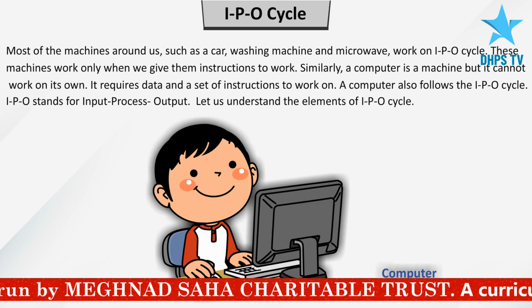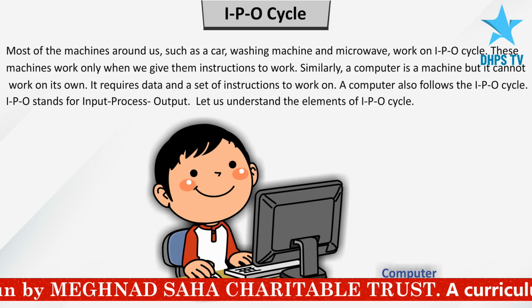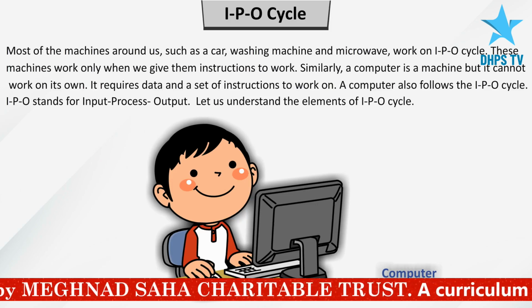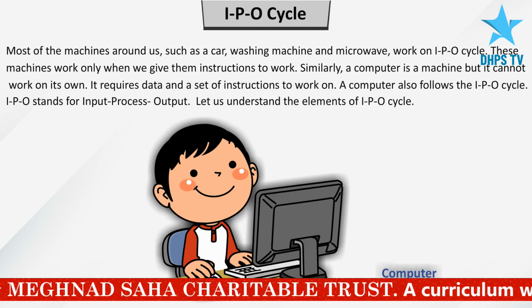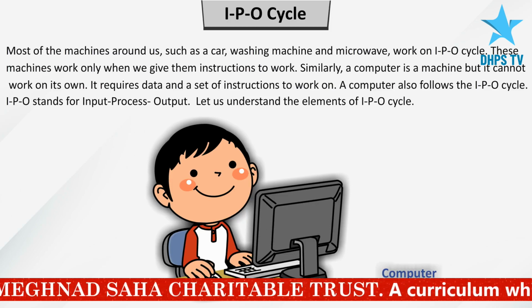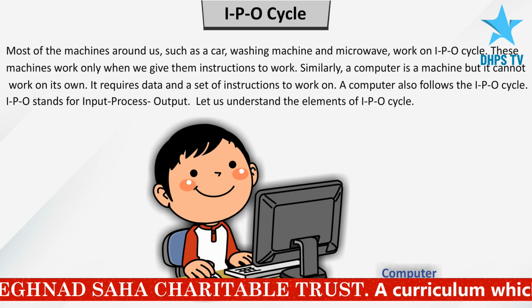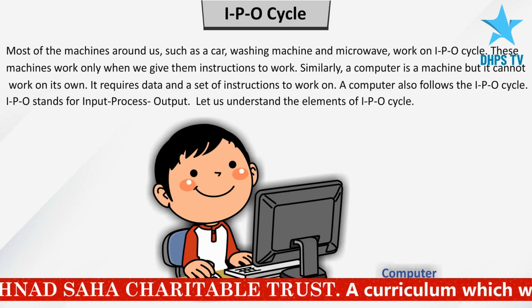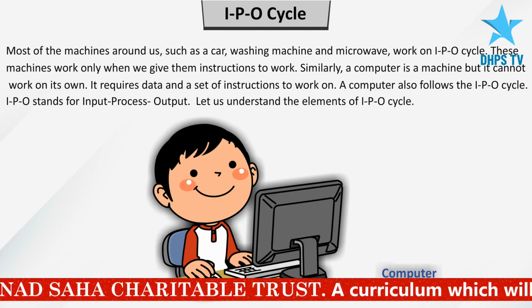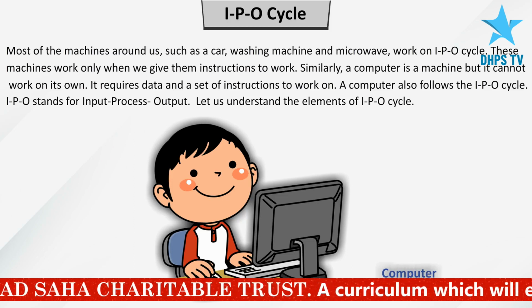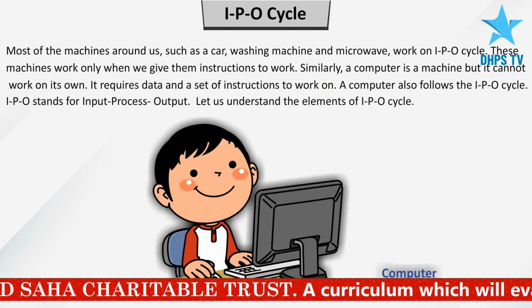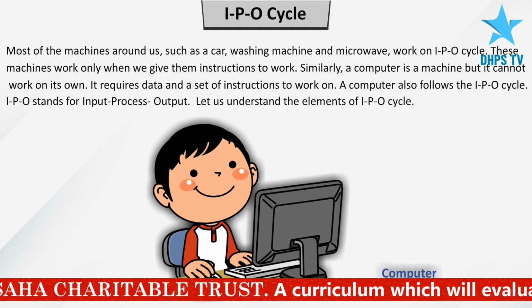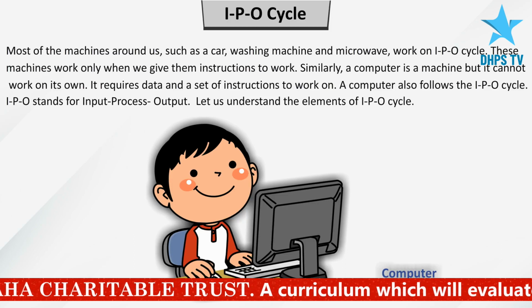Similarly, a computer is a machine, but it cannot work on its own. It requires data and a set of instructions to work on. A computer also follows the IPO cycle. IPO stands for Input, Process, Output. Let us understand the elements of IPO cycle.